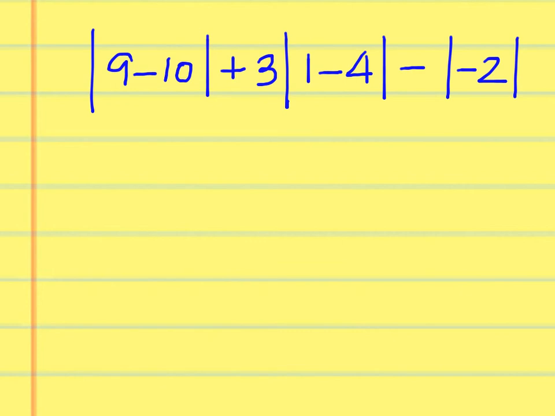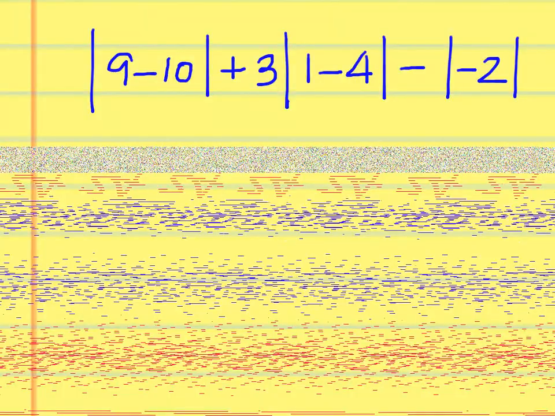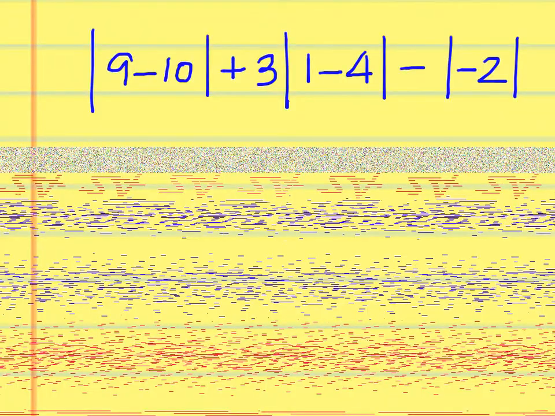So in here we'll have 9 minus 10, which is a -1, and then plus 3 times the absolute value of -3, 1 minus 4, and then minus just the absolute value of -2. Whatever comes out of the absolute value, when you dwindle it down to one item, must come out to be positive.